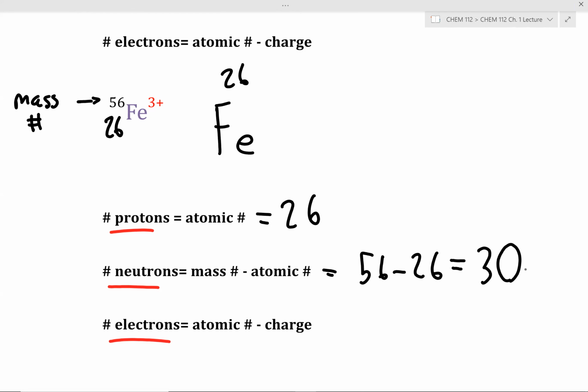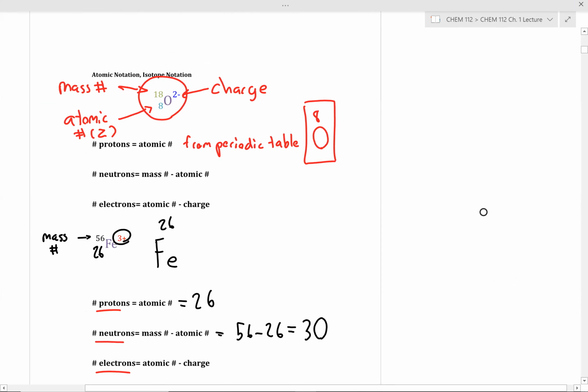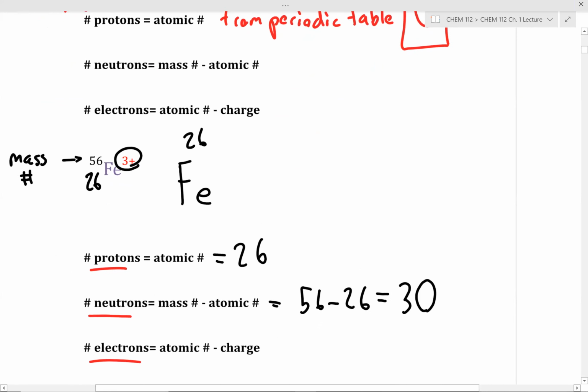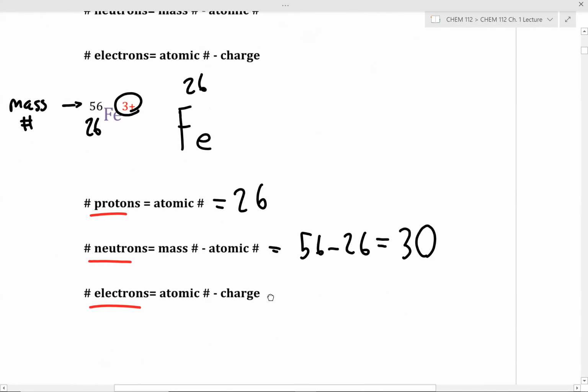Okay, so for our number of electrons, we need the atomic number and the charge. Where is the charge? Yep, and what is the charge? Yep, plus 3. From this information, all we have to do is plug in our atomic number, which is 26, and subtract the charge, which is positive 3.